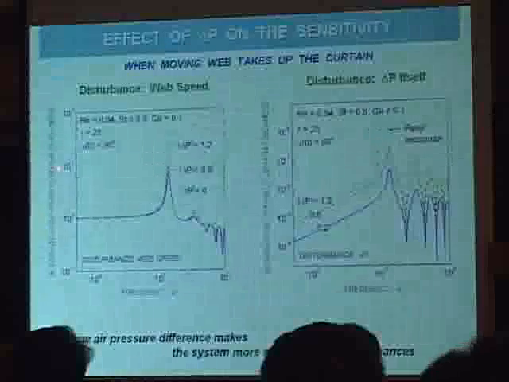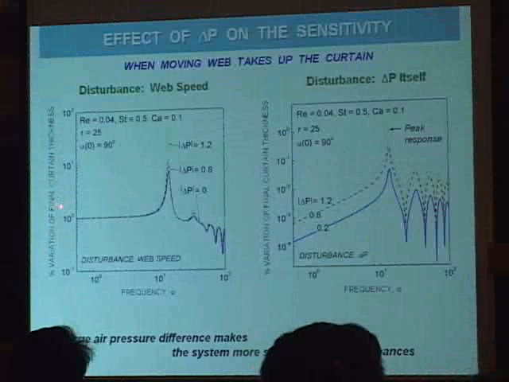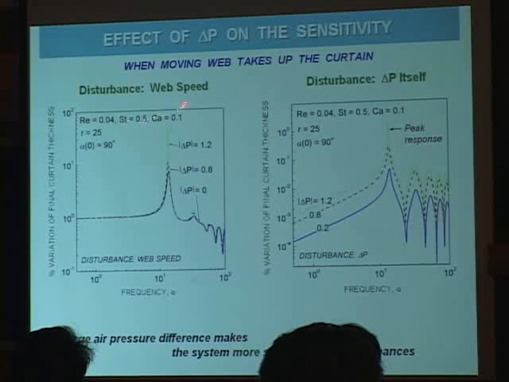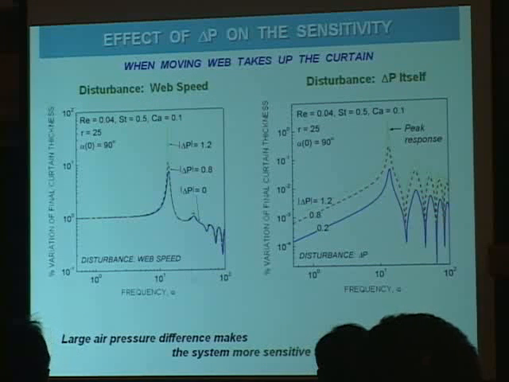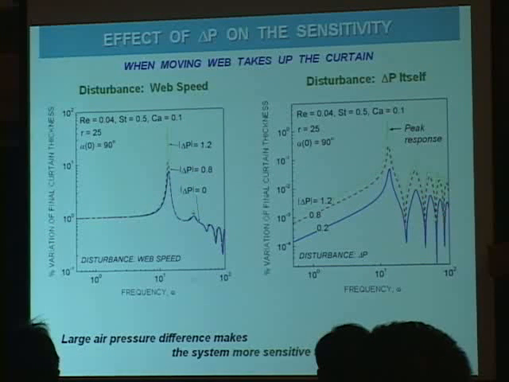Variation of final cotton thickness is plotted against frequency with respect to the various sinusoidal disturbances. So you can see that as delta P is increasing, the system is more sensitive to any disturbances considered in this study.